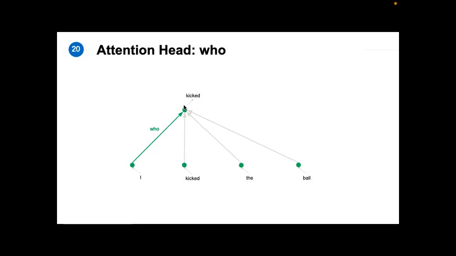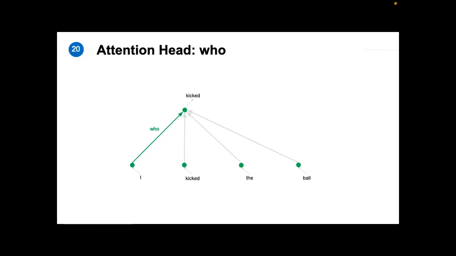That's a relevant part for understanding. For example, if we blanked out kicked in the sentence and wanted to fill it back in, what information would we need to know to pick the correct word to fill in? Well, one of them is we actually need to know who's doing it, because it's "I kicked the ball" versus "he kicks the ball," right?